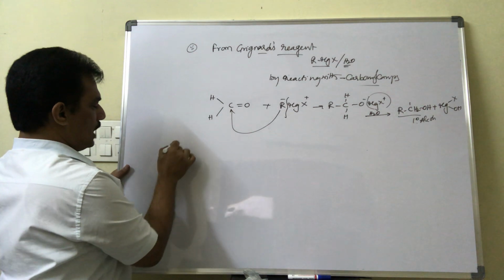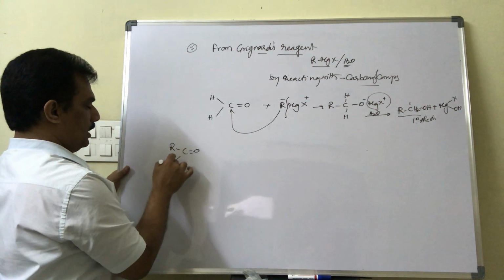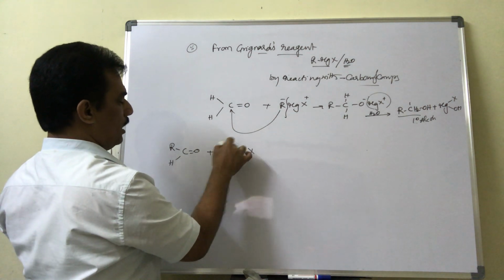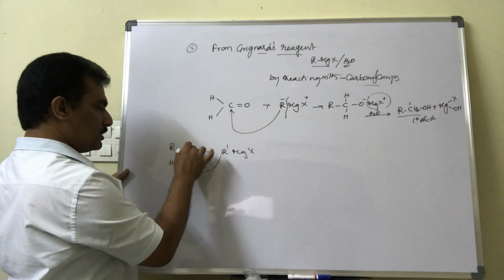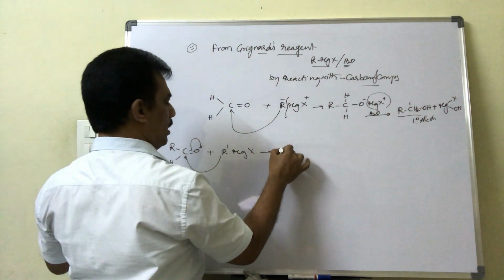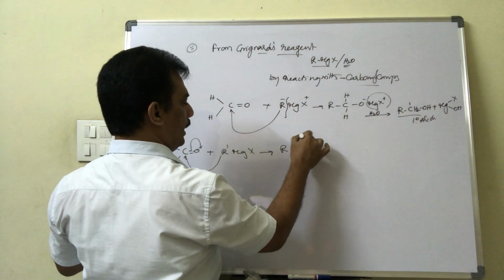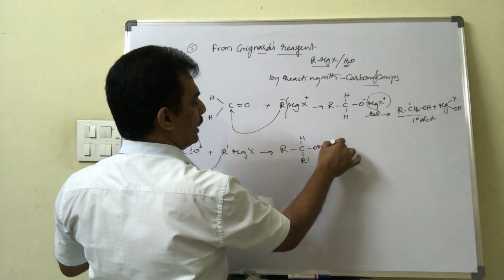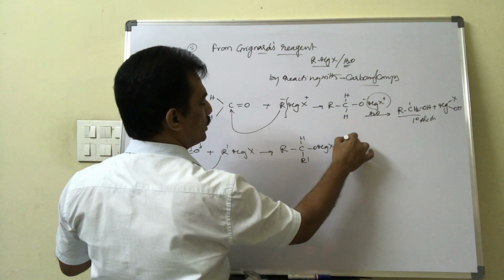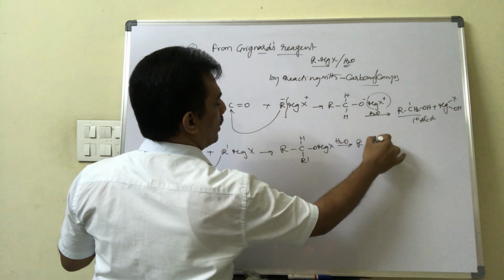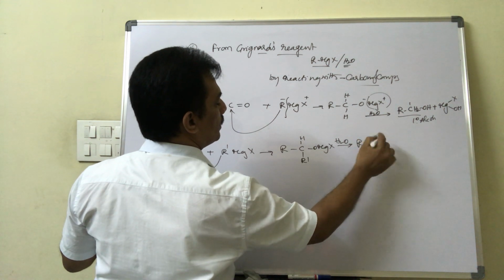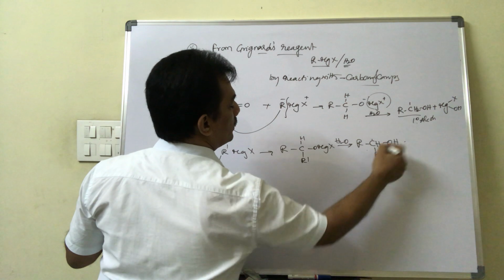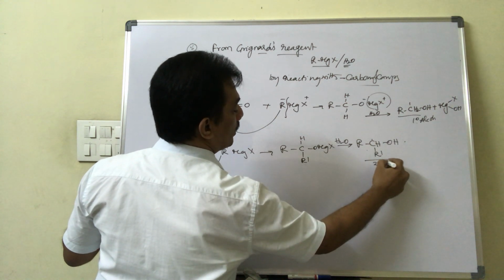And now if it is other aldehyde other than formaldehyde, now let us consider RMgX, again R bar. This is coming to this, making this to come RCH(R bar)O-MgX, treated with H2O, forming RCH(R bar)OH. It is nothing but secondary alcohol.